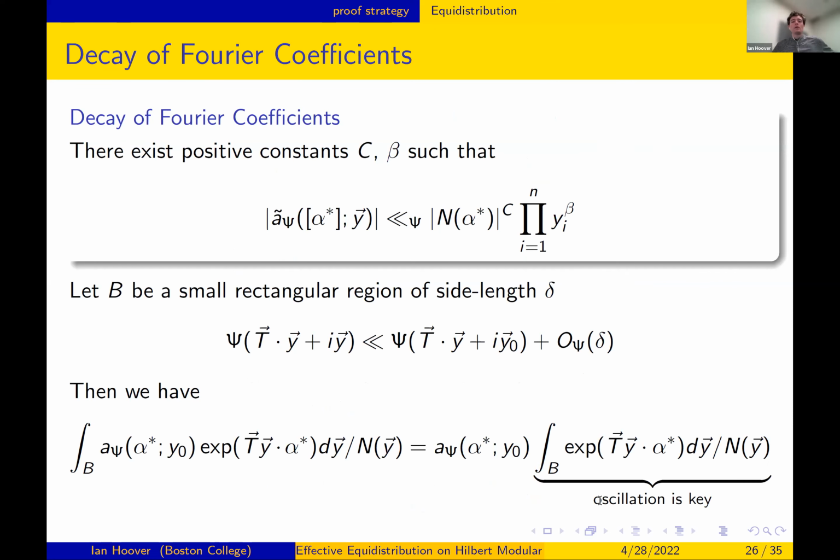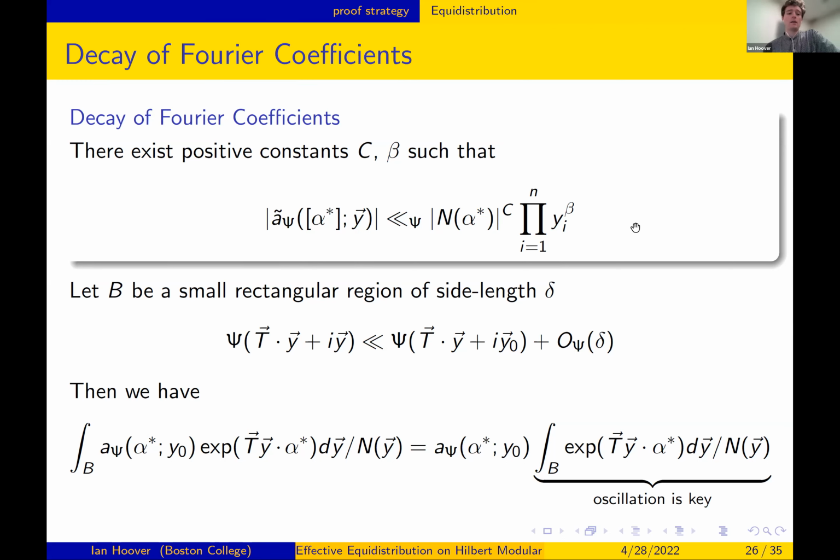So now we might be getting a little into explicit details, but I just wanted to show where this problem with some of the translation parameters going to 0 comes from. So a key step is to show this decay of Fourier coefficients. For a given element of the dual lattice, its associated Fourier coefficient will go to 0 in this explicit way as the y's go to 0, right? As the imaginary parts go to 0.